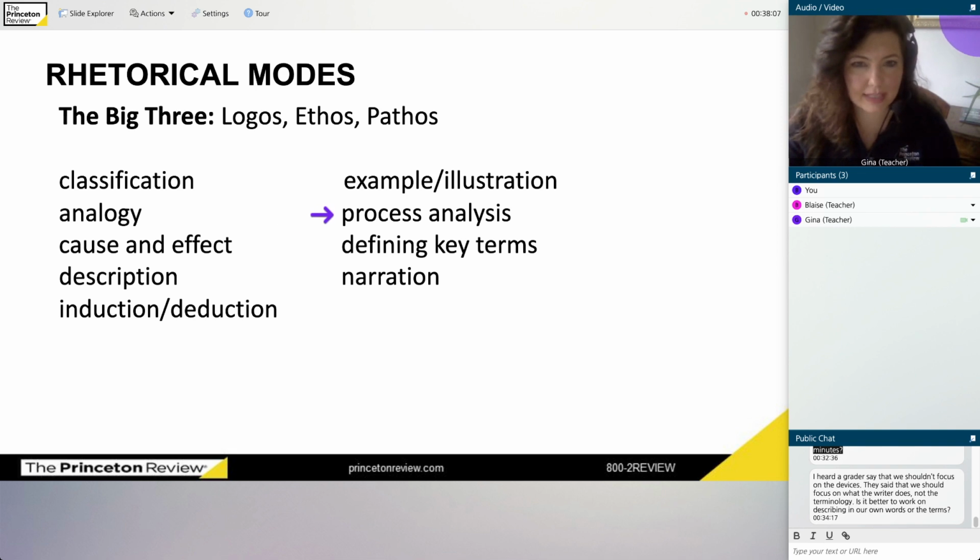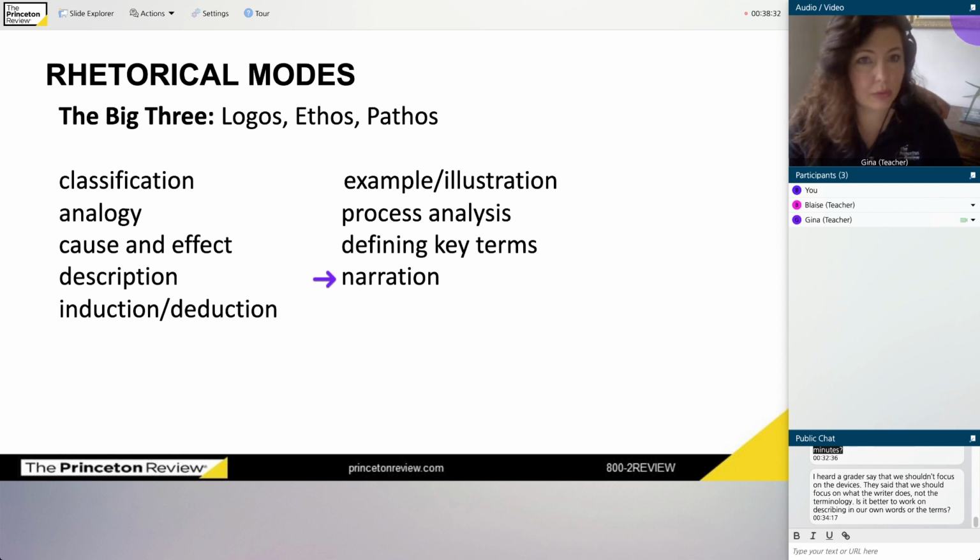Process analysis, which usually has to do with a step by step approach to analyzing something. Sometimes the author will define key terms. This is really common. It's always good if you notice it. And then finally, sometimes we even have narration and storytelling. Even though technically this isn't fiction, the author could still be telling you a true story in order to try to prove a point. So those are rhetorical modes.